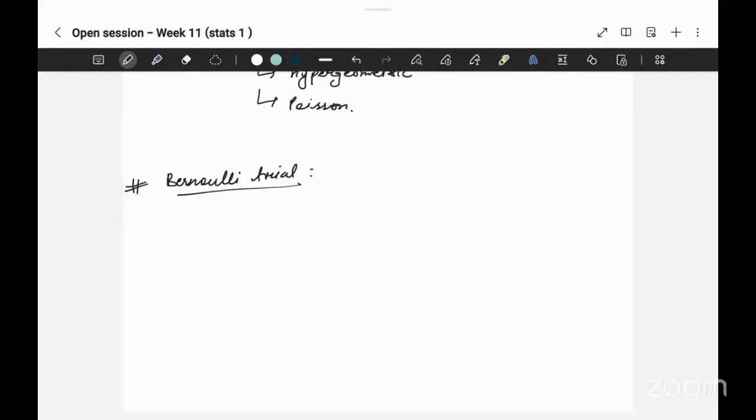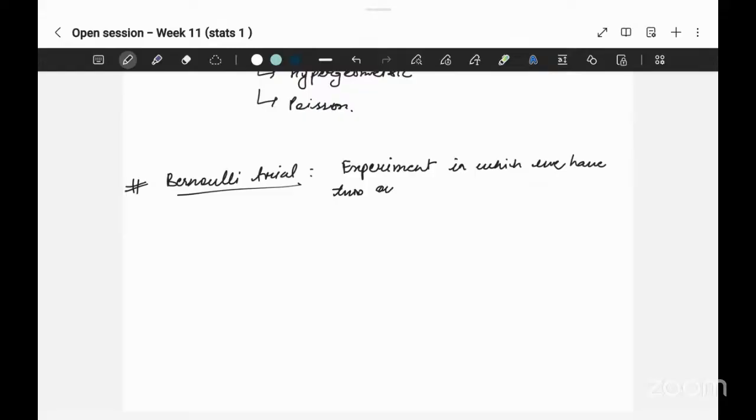Ma'am, it will have two values, success and fail. Yeah, correct. So a Bernoulli trial is a trial, an experiment, in which we have two outcomes.